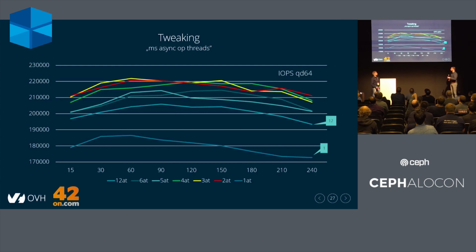As you can see by this, we decreased the number of op threads to 1, and performance tanked. We increased it to 12, and performance was also bad. So 3 is the safe bet. You shouldn't change it unless you know you need to do this.